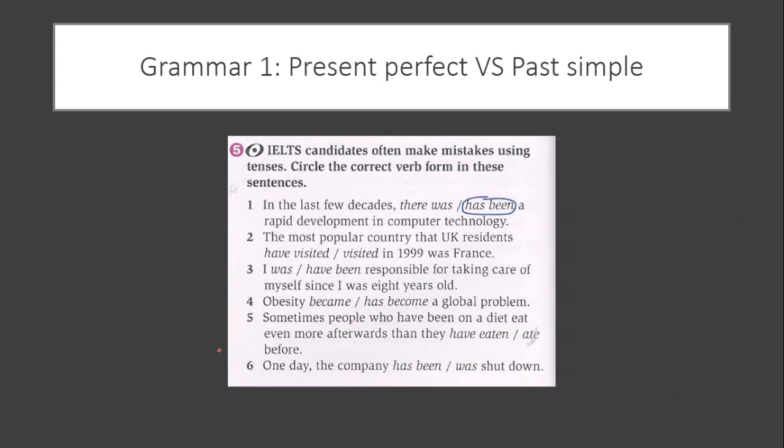Now let's use it in practice. In the last few decades, I like it. Many teachers don't teach the students that tenses are about time. They only give the formula, for example, whenever you find always, use simple present.